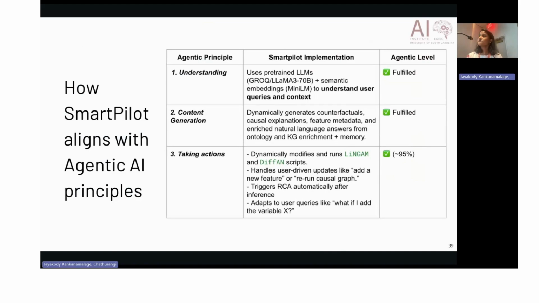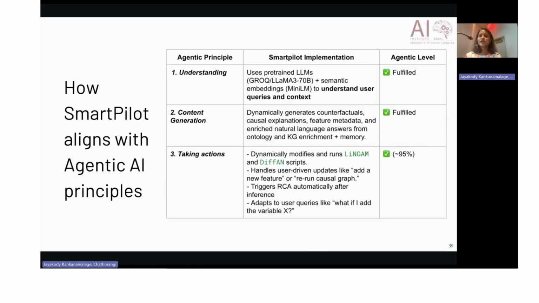And then in the third section, when taking actions, SmartPilot is able to generate code related to causal discovery and root cause analysis, and it can also handle intervention queries, and we can trigger our root cause analysis automatically after the anomaly prediction is done, and things like that.